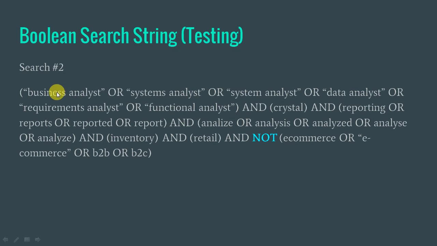So it says business analyst, with crystal, reporting and analysis, and also involving inventory or retail, but not really e-commerce, because most profiles don't use the word e-commerce or don't add that term into their profile, as was discussed a while ago. With search number 2, it gives us 101 results, from 39 to 101, and that's a big jump. So this is actually an ideal one for a full list.